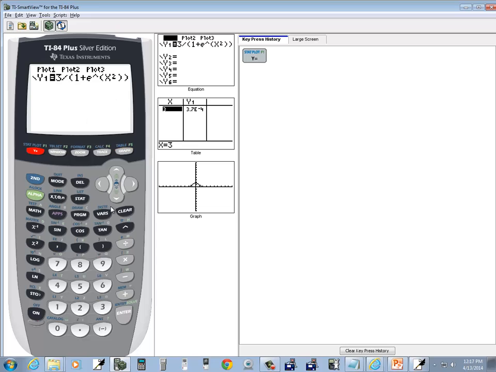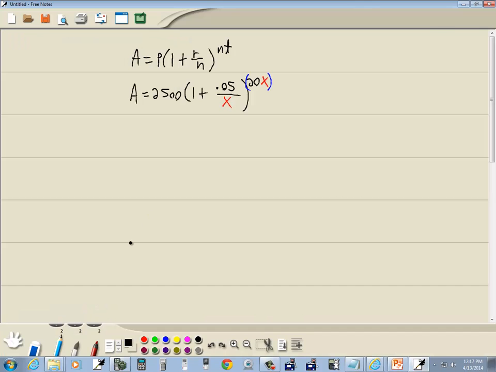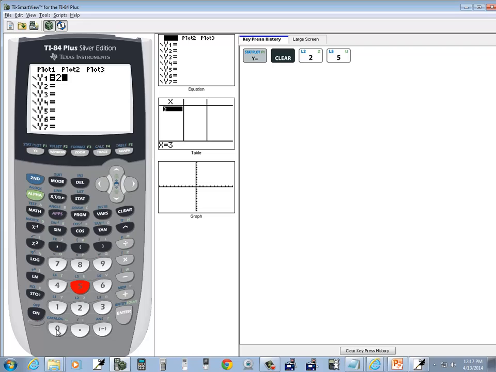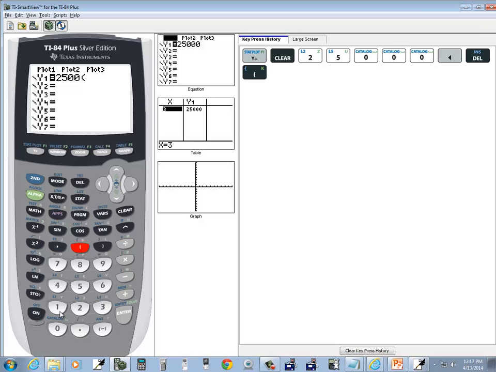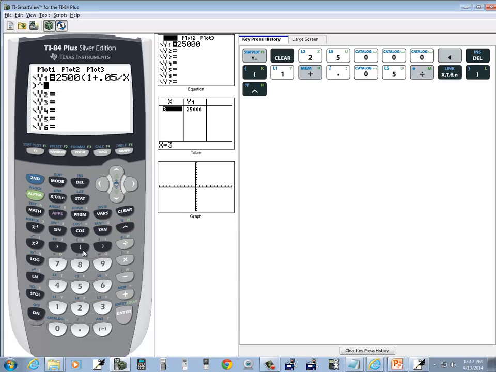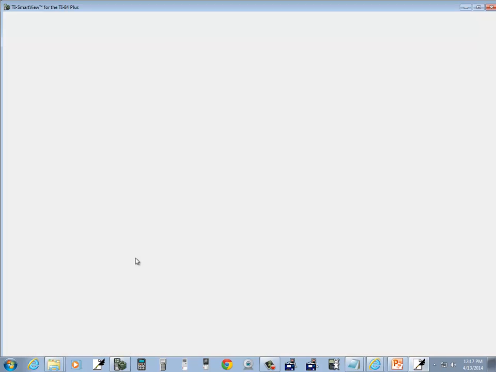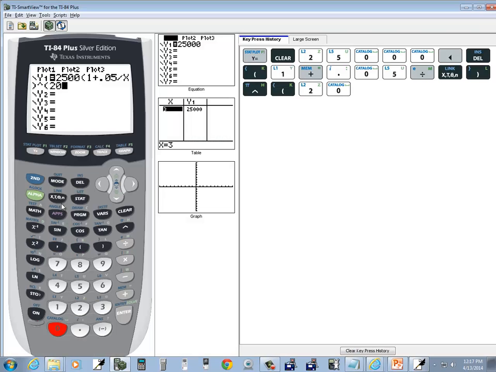I press Y equals, press clear, and then I enter 2500, beginning parentheses, 1 plus 0.05 divided by X, closing parentheses, caret, beginning parentheses, 20X, closing parentheses.